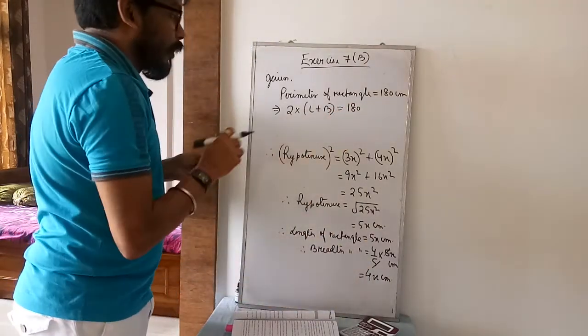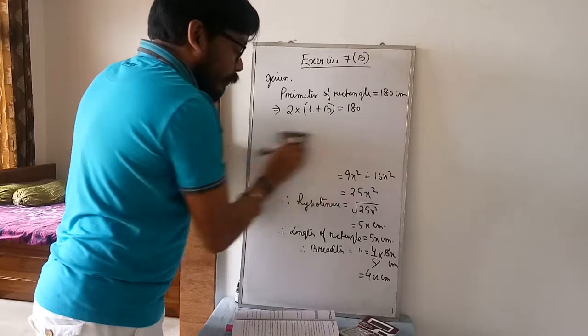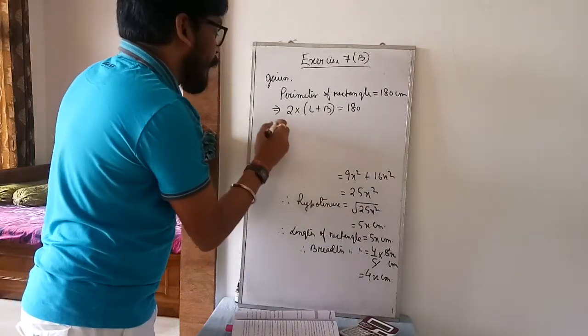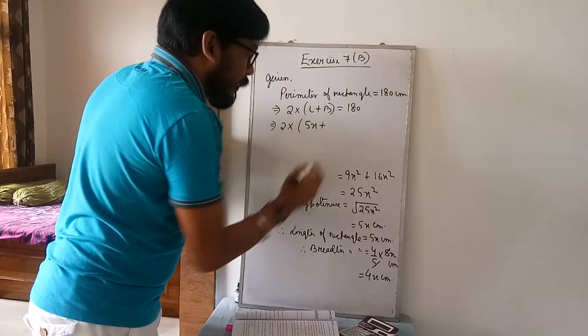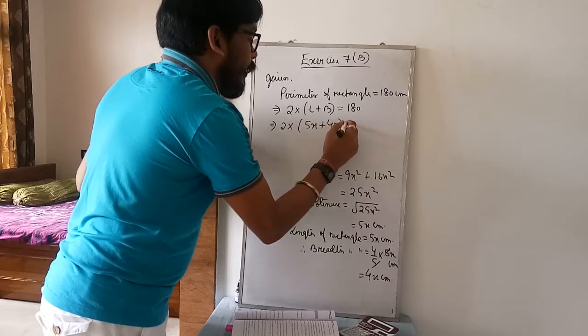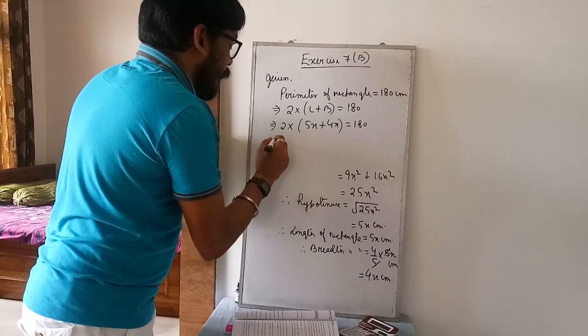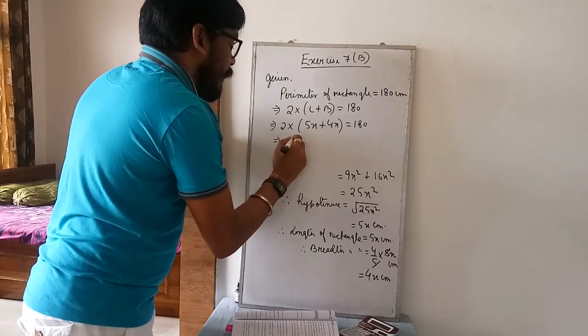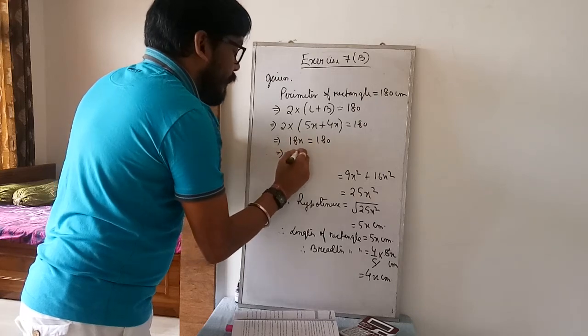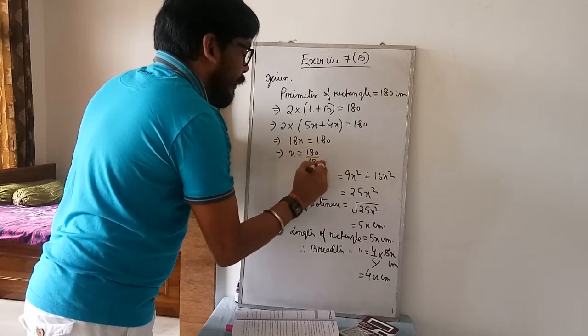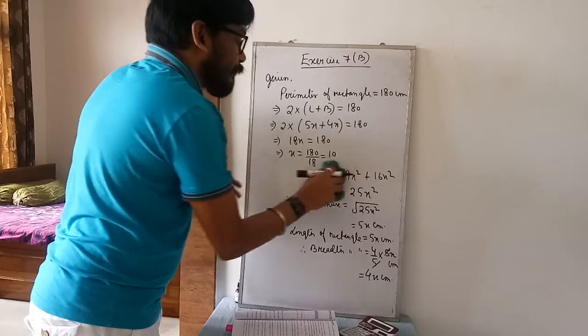Now I will put the value of length and breadth. Length was 5x. So 2 into (5x plus 4x) equals 180. So it is 2 into 9x, 18x equals 180. So x is 180 by 18, it is 10.